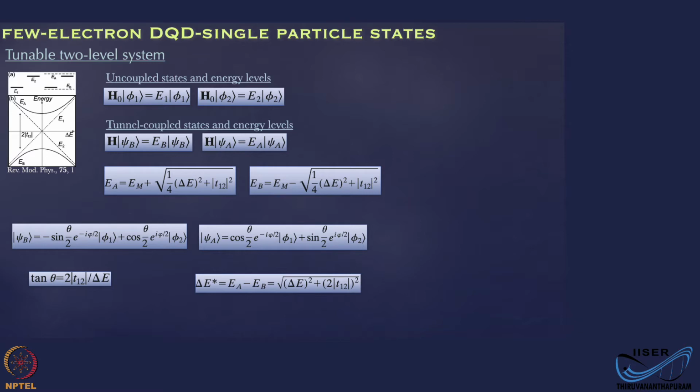You know that single quantum dots in the few electron regime are artificial atoms. So when you take two atoms and bring them close together and couple them, then you get a molecule. You have two atoms, you have a diatomic molecule. So these double quantum dot systems are artificial molecules.